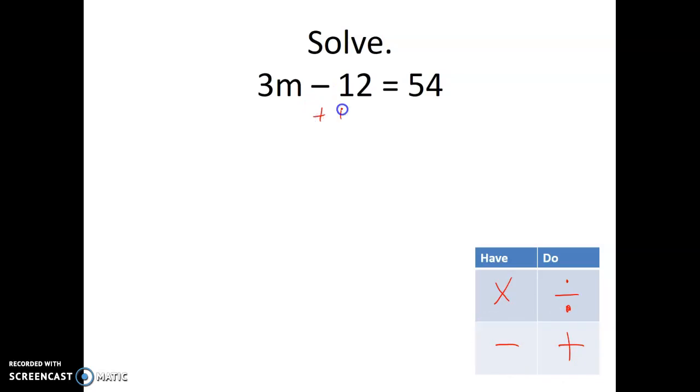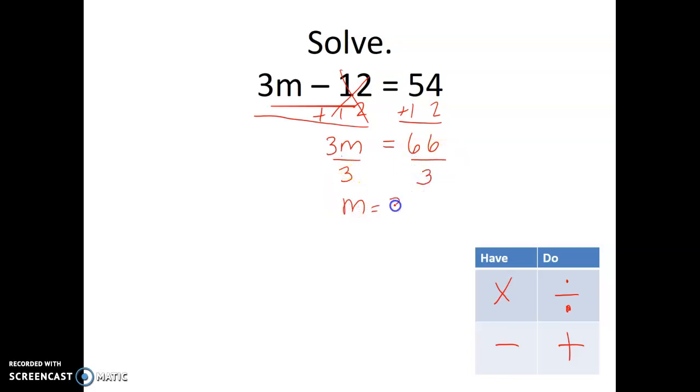So I'm going to add 12 to each side. And 54 plus 12 is 66. And these cancel out because negative 12 plus 12 is 0. So I have 3m over here. I'm going to undo my multiplication by dividing both sides by 3.